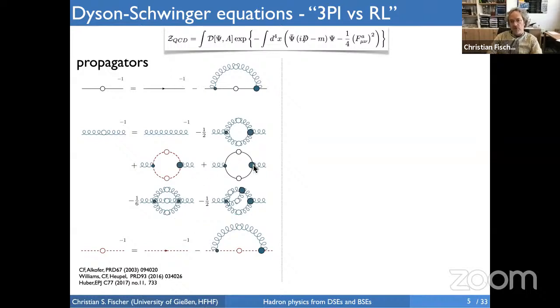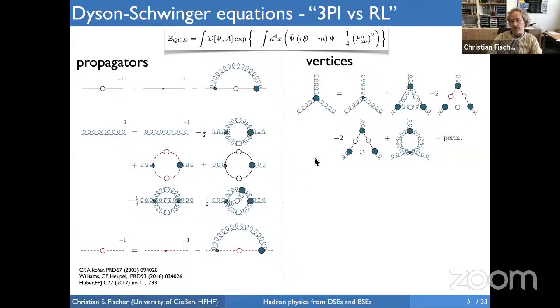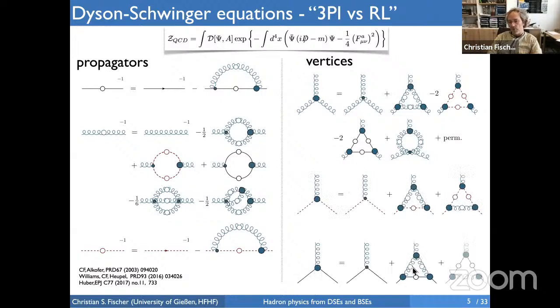And then we have these fully dressed vertices, which are again expressed by Dyson-Schwinger equations. This is the one for the 3-gluon vertex. This is the one for the ghost-gluon vertex. This is the one for the quark-gluon vertex. And usually in these equations, we again have 4-point functions. Then there are equations for the 4-point functions, which involve 5-point functions, and so on, and so on.